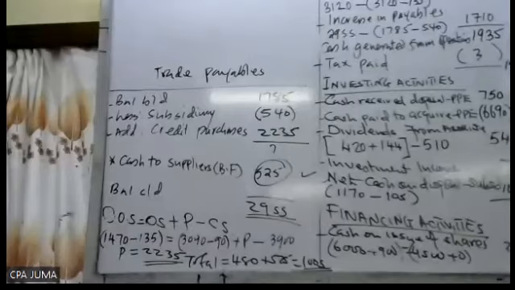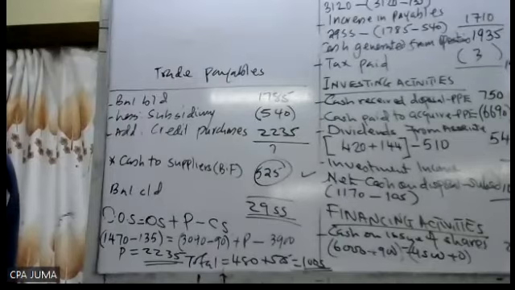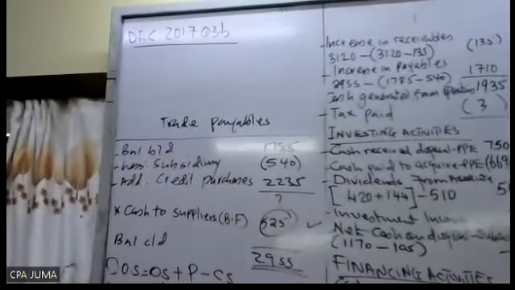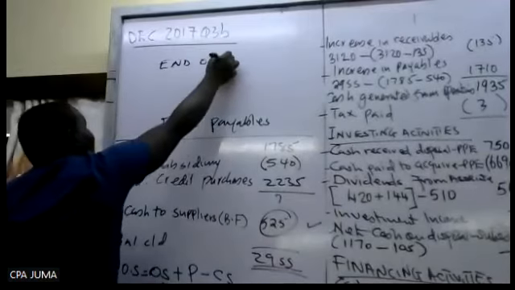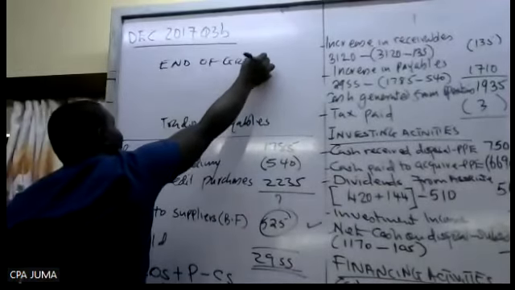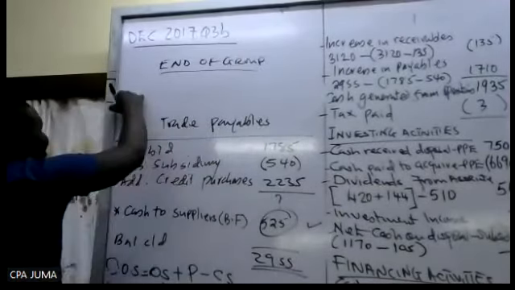So write for me there, down there, end of group accounts. That is the end of groups. Your group is finished now. That is the end of group accounts. Then now you write there, last topic.